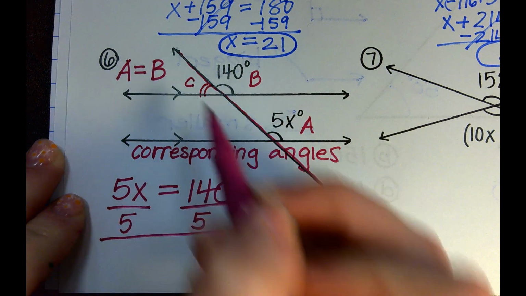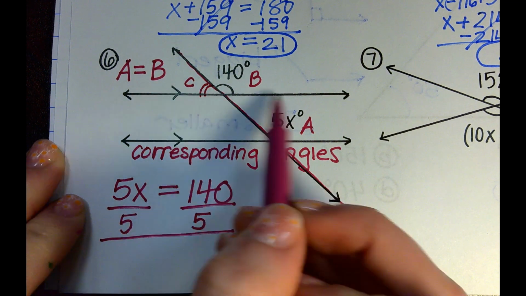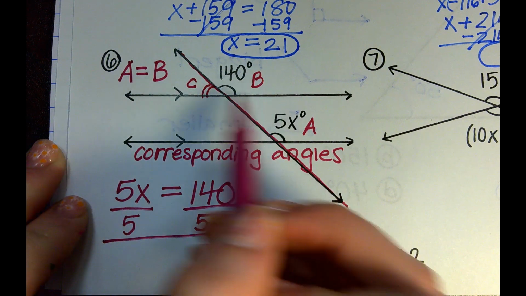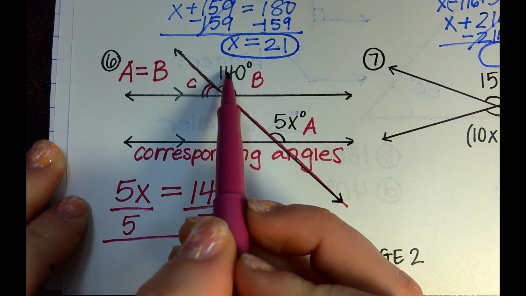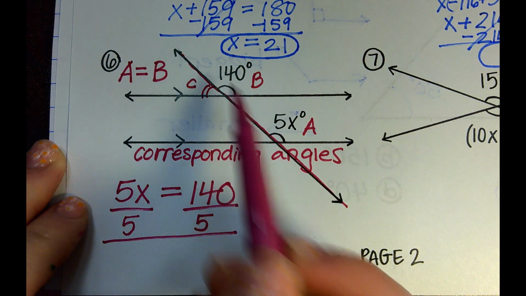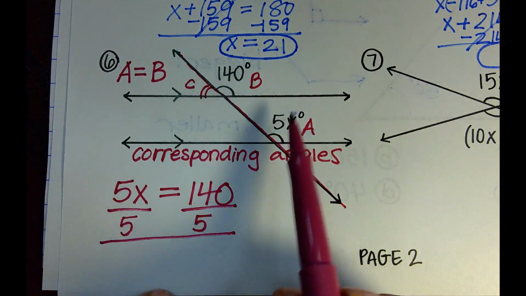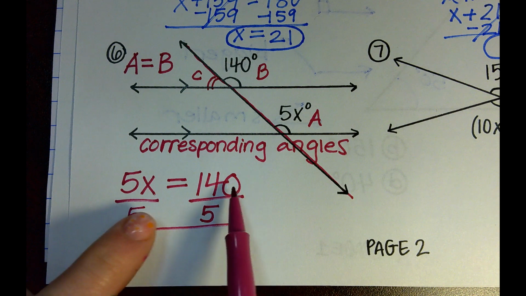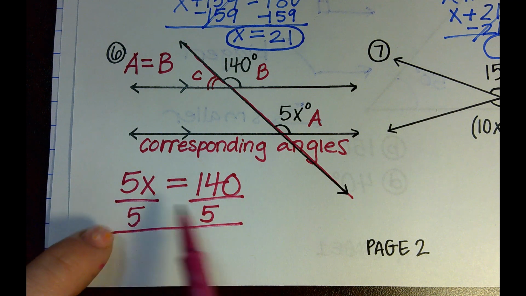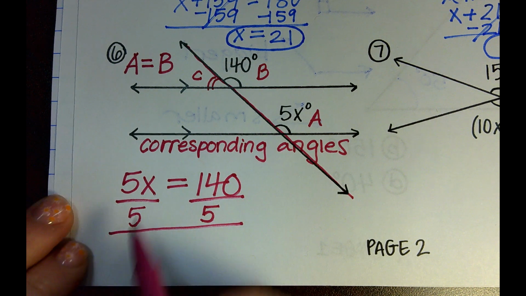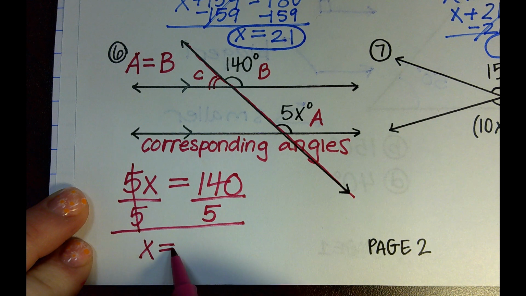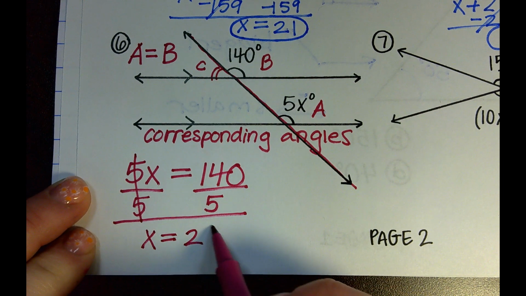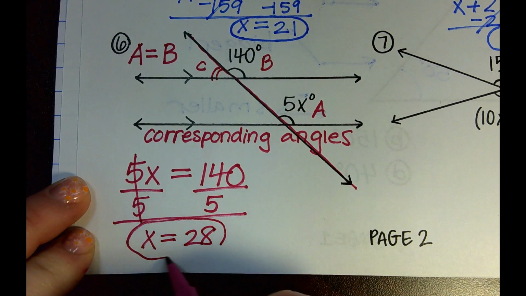We call that C. B plus C is 180, right? Because they make a straight line. We don't know that A and B create a straight line. We just know they're equal to each other. So we got 5x equals 140. We divided by 5. And what's that give us for x? 28. X equals 28.